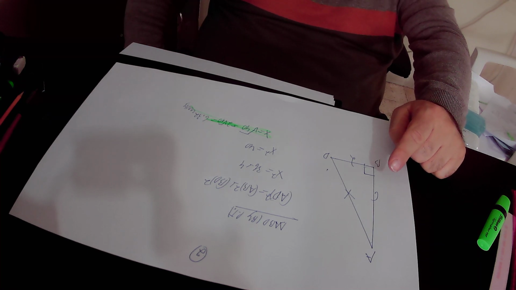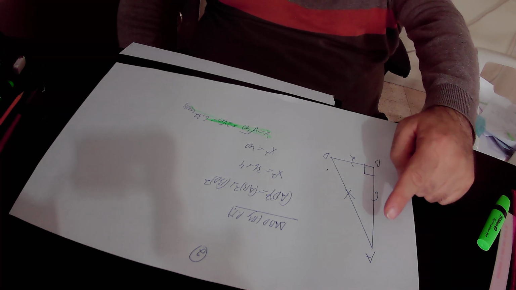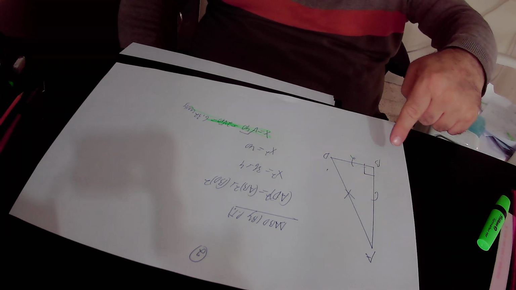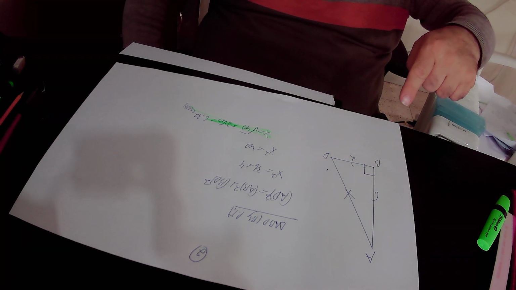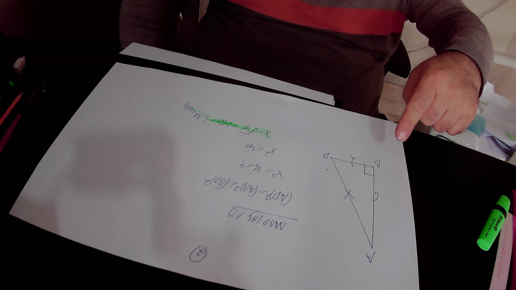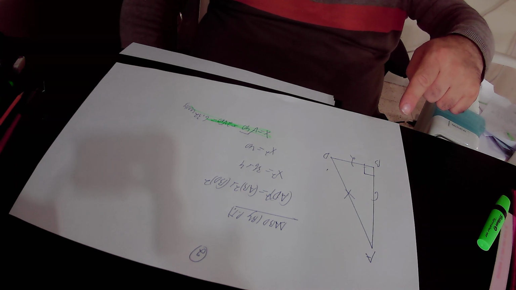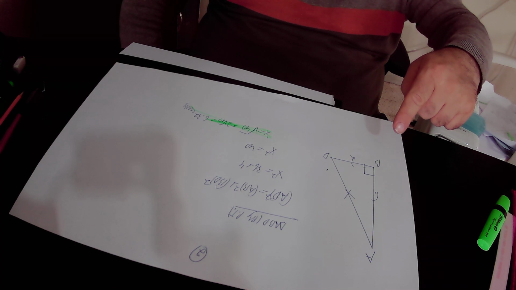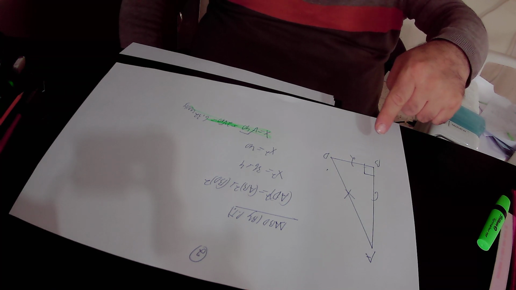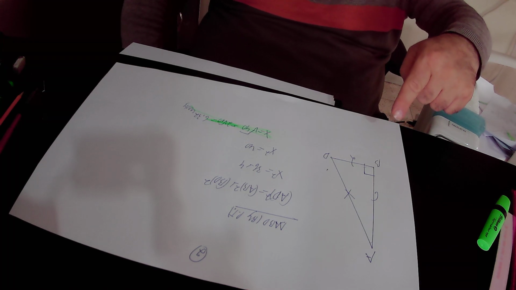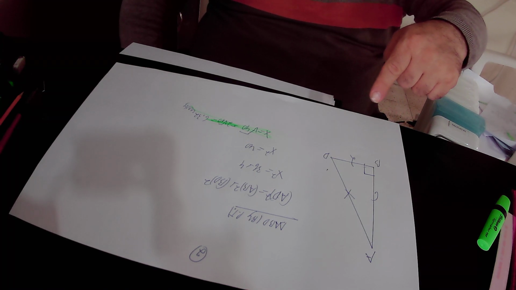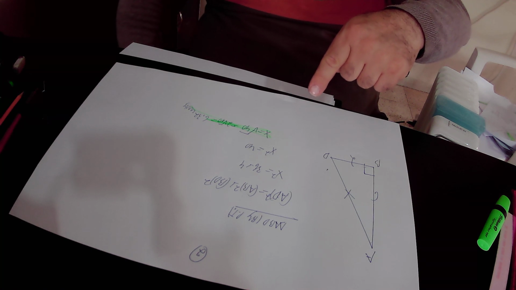The square of the hypotenuse equals the sum of the squares of the perpendicular sides, that is to say AD square equals AB square plus BD square. AD is x, so AD square is x square. That is equal to AB square. AB is 6, so AB square is 36, plus BD square. BD is 2, so BD square is 2 square, that is 4. So x squared equals 36 plus 4, that is 40.